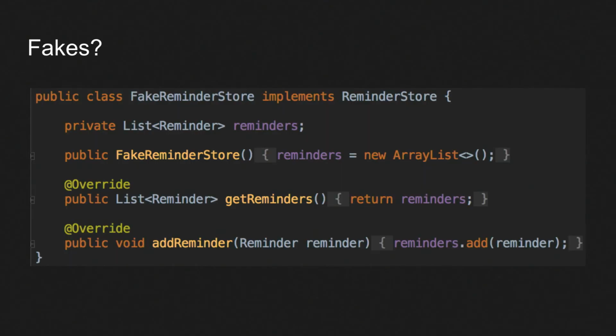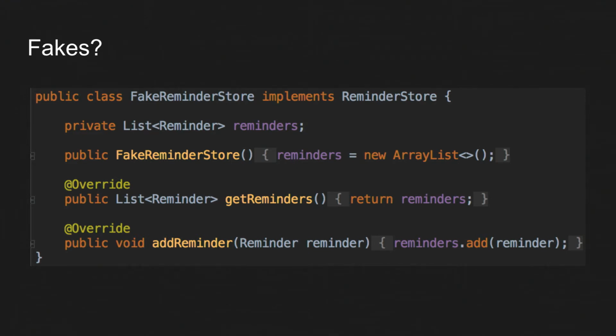So instead, you can provide fake versions of those components. So in my case, I wanted to use a fake version of my reminder store because I didn't want to have to deal with cleaning up a database, because that can be kind of painful. And also the writing to the database is going to be very slow, and I want my tests to be a little faster.